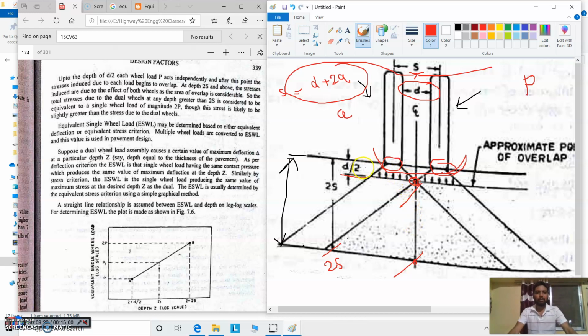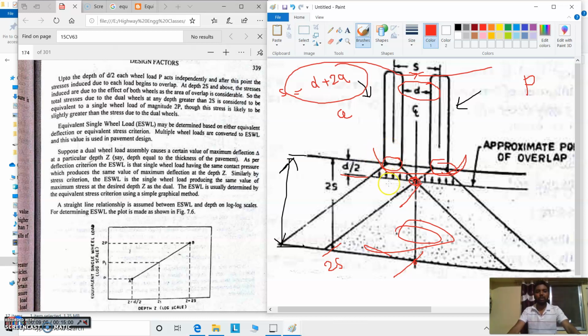So up to the depth of D by 2, the wheel load acts independently, and the stress induced by the particular wheel will develop after the depth D by 2, right? After the depth of 2s, the stresses overlap and are induced by the effect of both wheels.